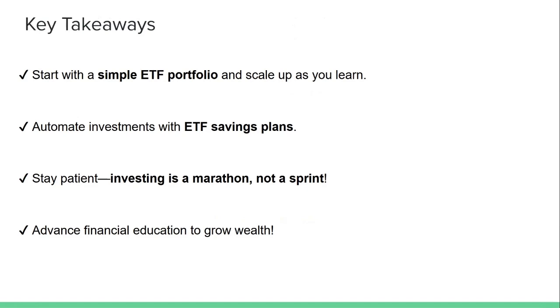Then you would have a balanced portfolio that has worldwide exposure and delivers strong financial returns. You automate that, and then you stay patient. It's not a sprint, it's a marathon. Wait 10 years, do that every month, earn your money, save some money, put it aside, invest, and advance your financial education to grow wealth. It's really going to pay off in the long run.